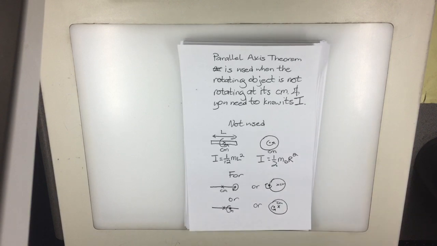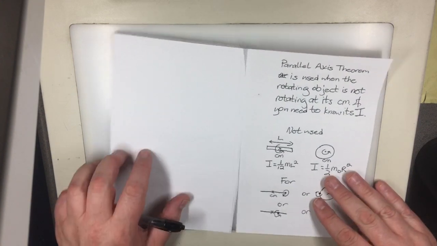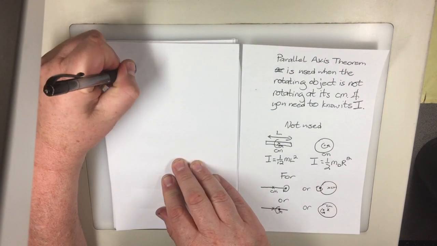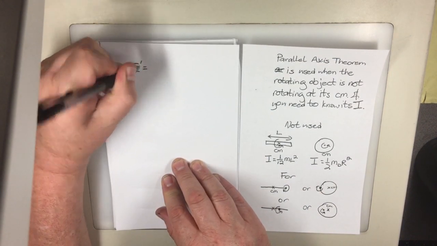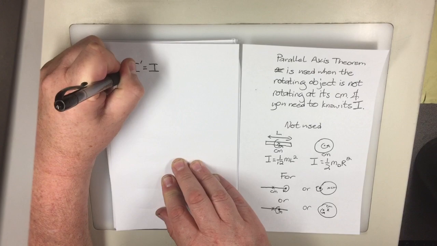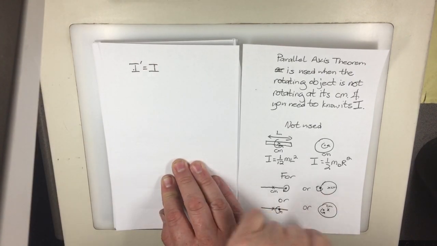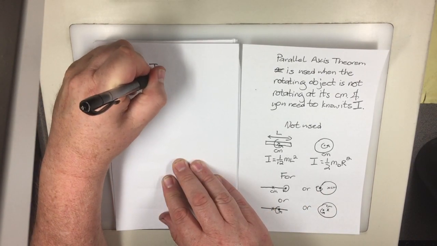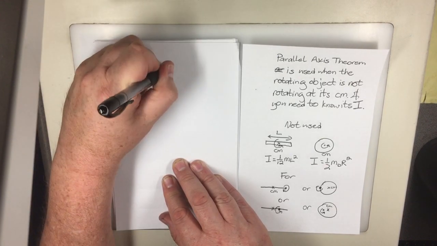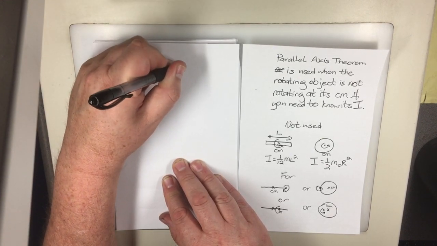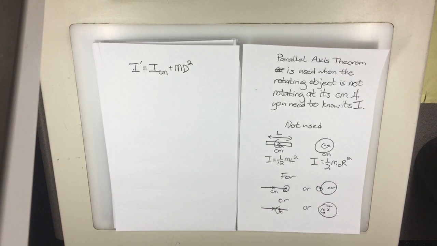So in situations like those, where you're not exactly rotating about its center of mass, you use the parallel axis theorem. The moment of inertia that we use, its new moment of inertia for these guys, is its center of mass moment of inertia plus its mass times d squared.